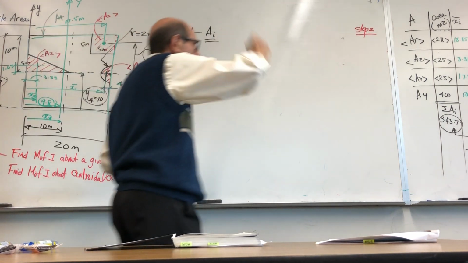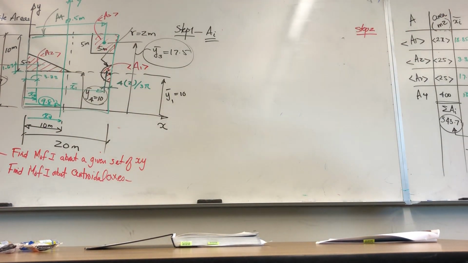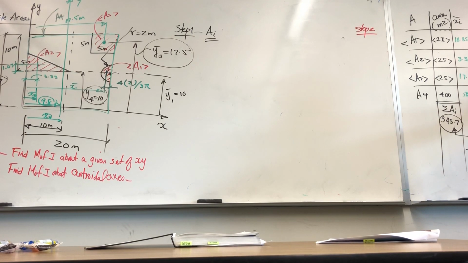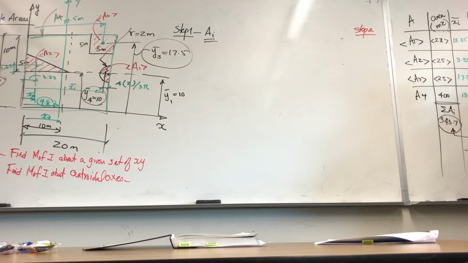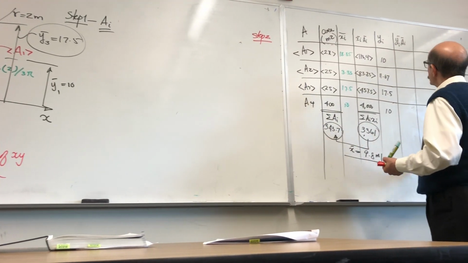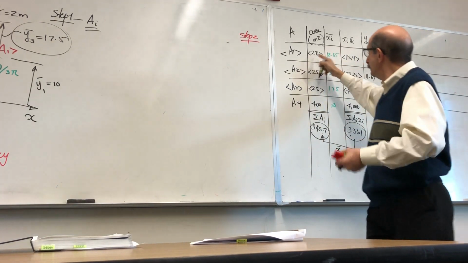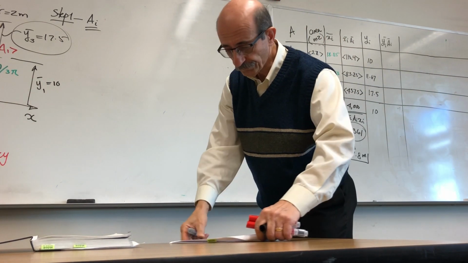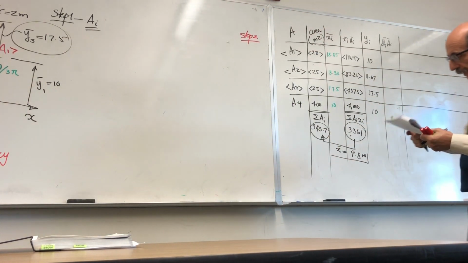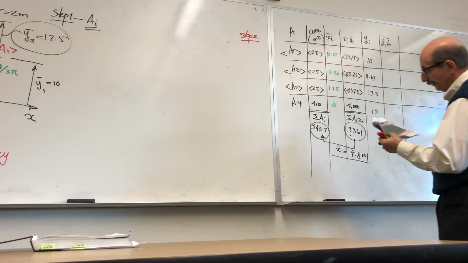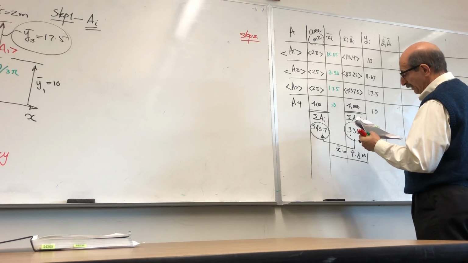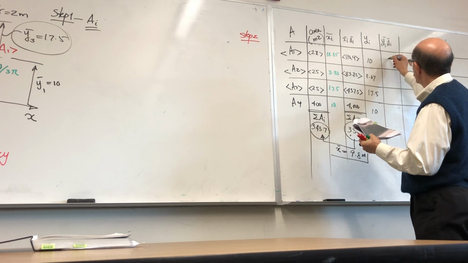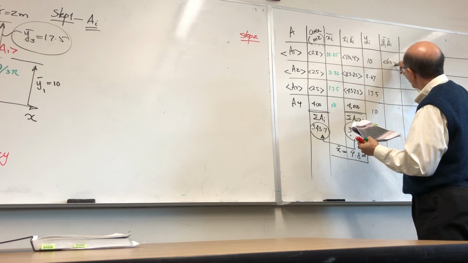So again, just tabulate them. You have 10, 11.67, 17.5, and 10. And then Ai yi. So multiply the yi column by the Ai column, and you get 63, negative.